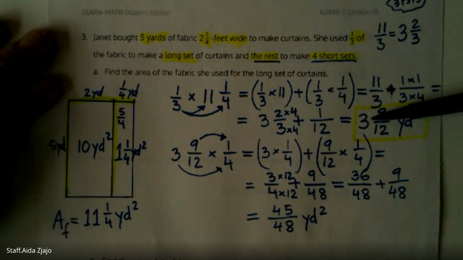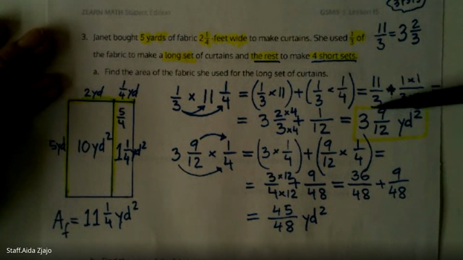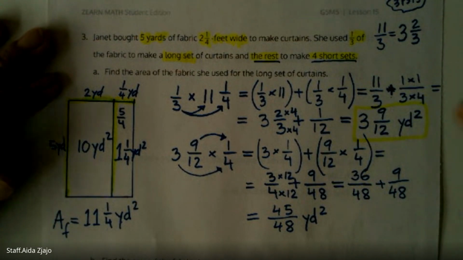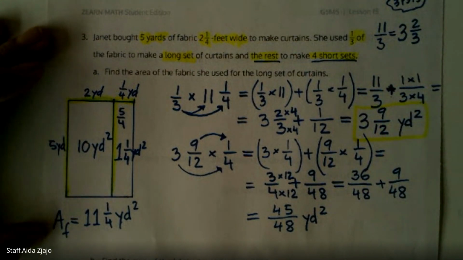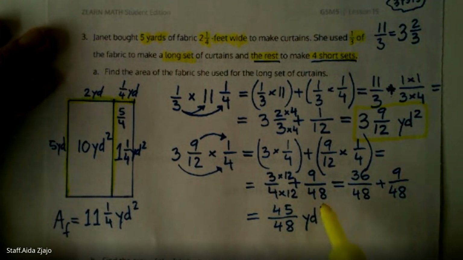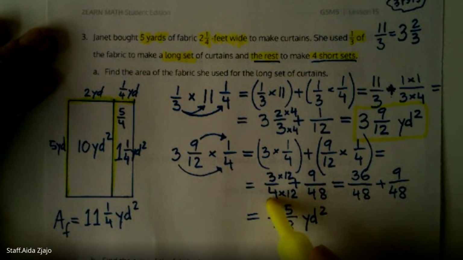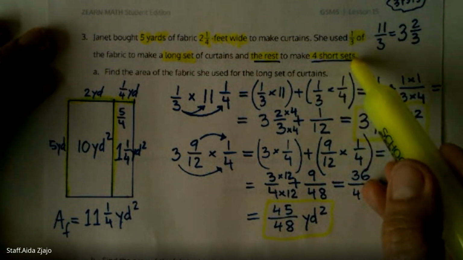So this could be 3.5, or this could be estimated as 4 square yards for 1 long set, and about 1 yard for each of the short sets.